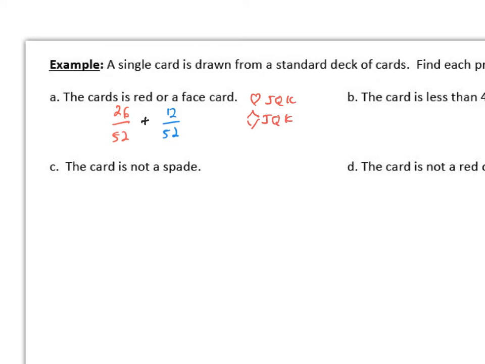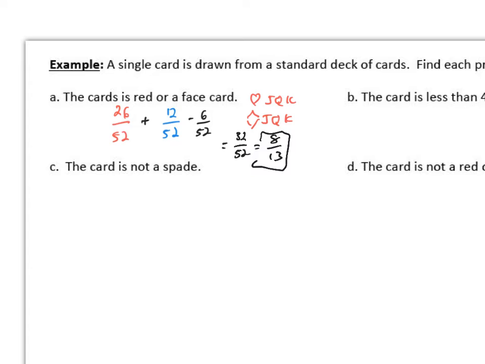Those are face cards that also just happen to be red. So in order to stop myself from double counting, I need to take out those 6 cards, because I counted them once in my 26 and once again in my 12. So when I get all this put together, it's going to work out to be 32 over 52, which reduces down to 8 over 13.